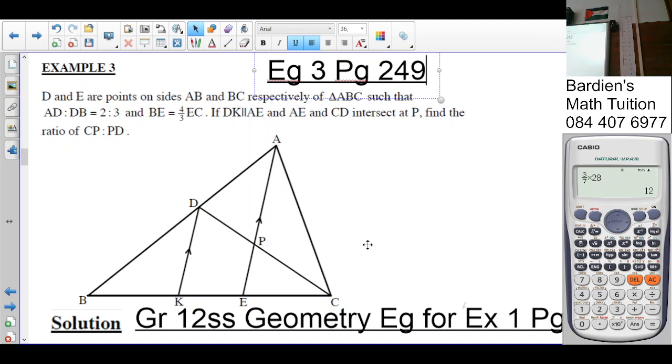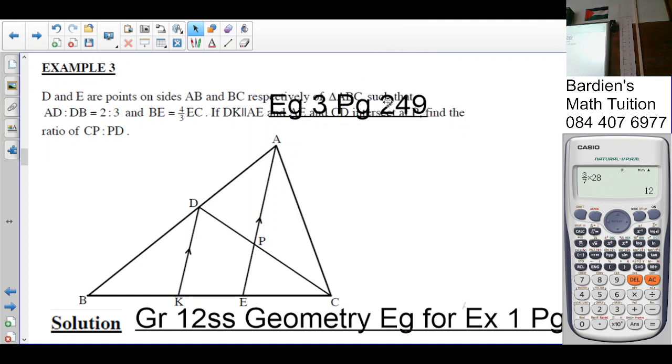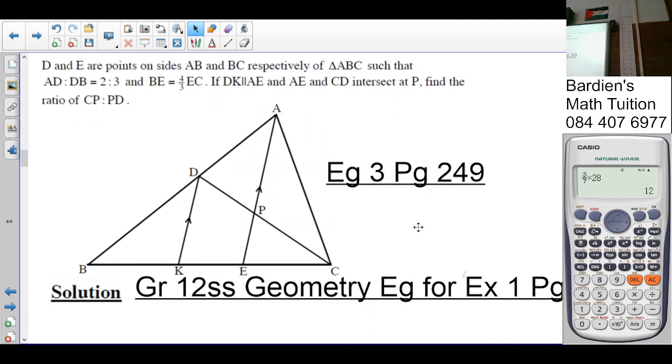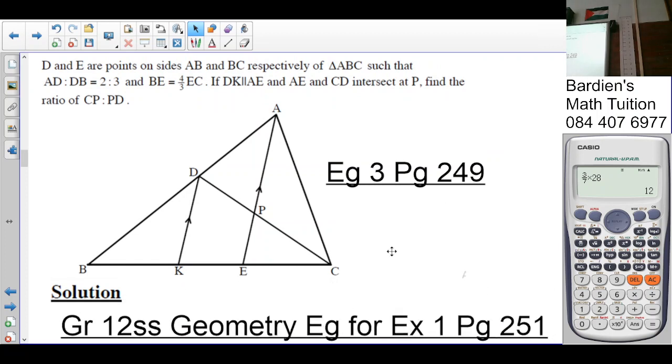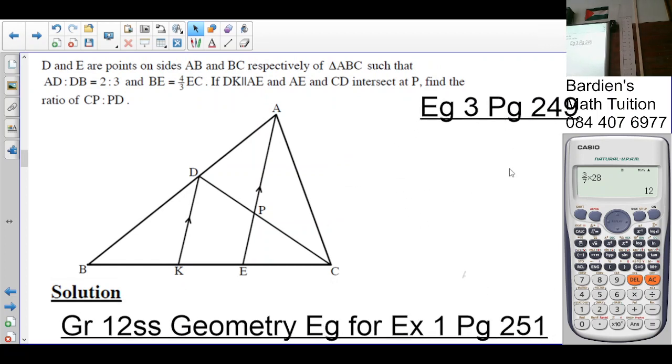Here we are told that D and E are points on the sides AB and BC respectively, in that order, of triangle ABC, such that AD over DB is the same as 2 over 3.